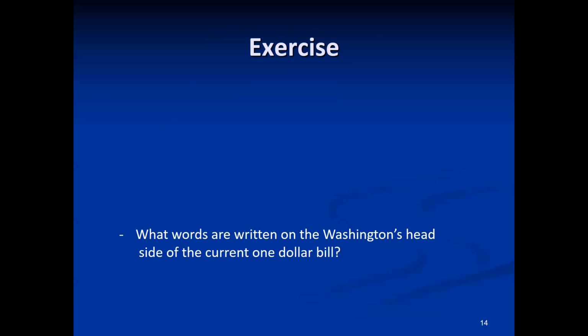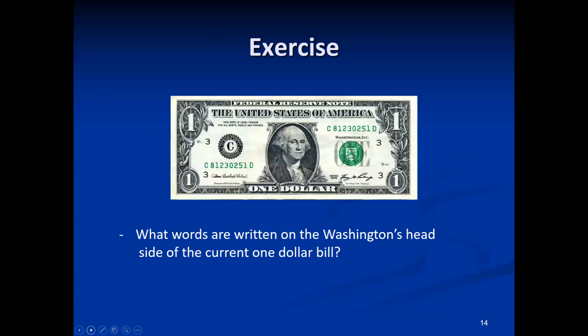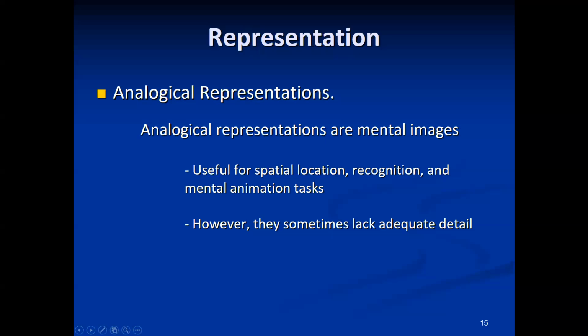It is likely that some of the words were visible in your mental image, but not all of them. This illustrates the fact that often our mental images lack adequate detail.